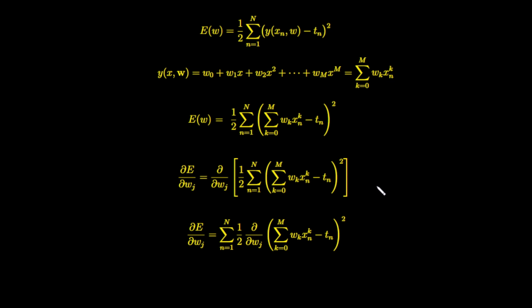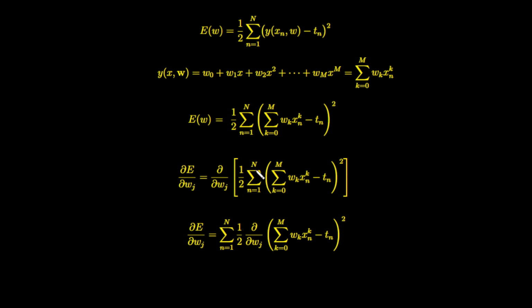Now mathematics can seem quite complicated and difficult, but if we break it down into little blocks and we know the rules, then it can become quite manageable. So the first thing that we're going to do here is we know that we can take the partial by partial wj inside the summation.